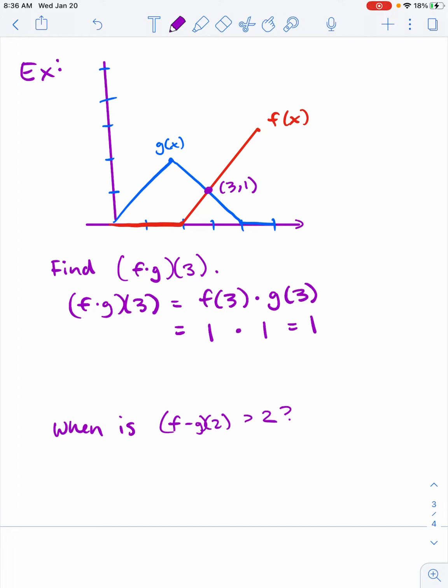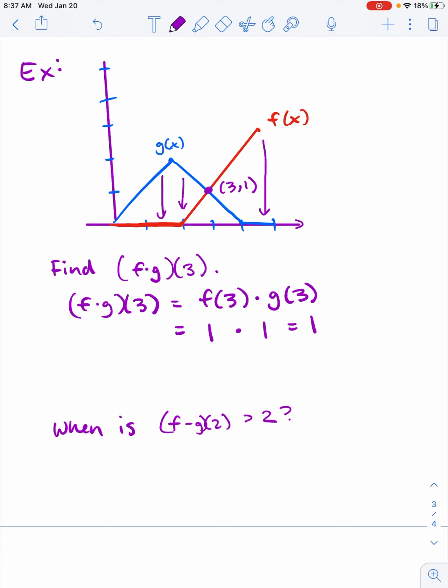Okay, let's look at our second problem here. When is f minus g of x greater than 2? So basically now I'm looking at the space between these two graphs. I want to know when the space between these two graphs is greater than 2.